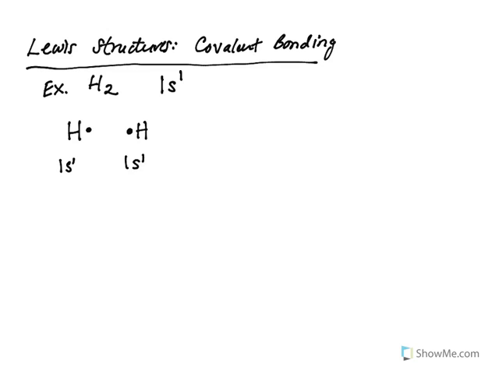And so when we're talking about covalent bonding, we're talking about the sharing of two electrons in a bond between atoms, and each atom brings one electron to the table. So each one of these hydrogens here has an electron to donate to the covalent bond. So now if I want to show that covalent bond, I could show it a few different ways.